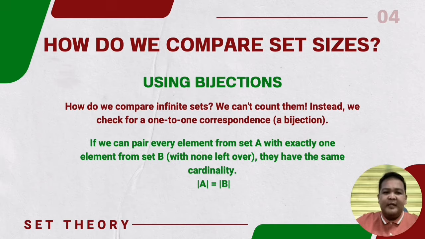Feel free to think of it like matching dance partners at a ball. Everyone has a partner, and no one is left without a partner. As we move on, we will explore more about these fascinating infinities and their surprising properties.